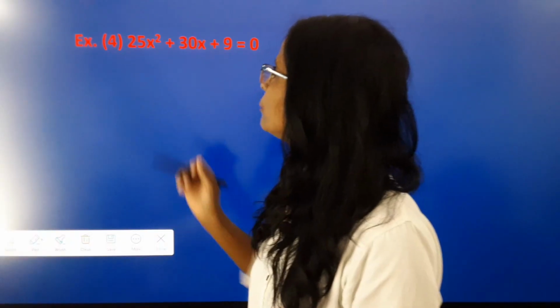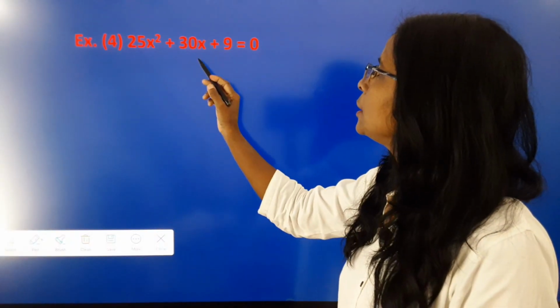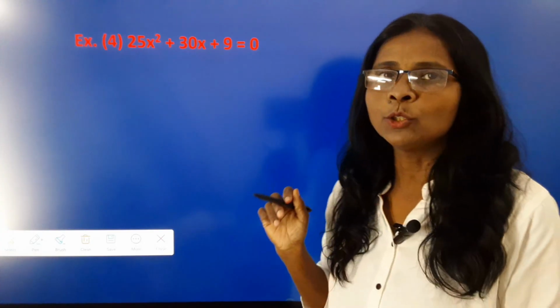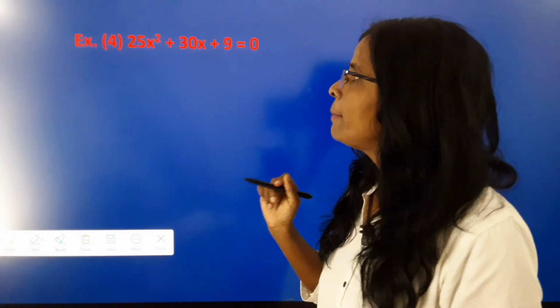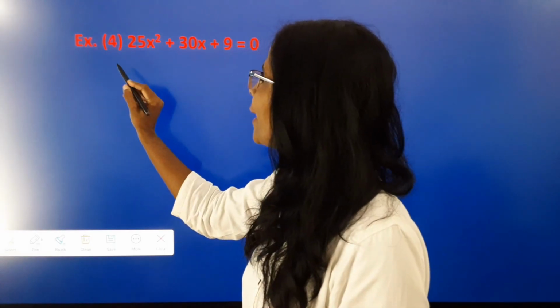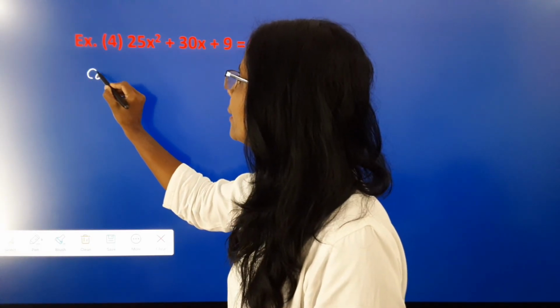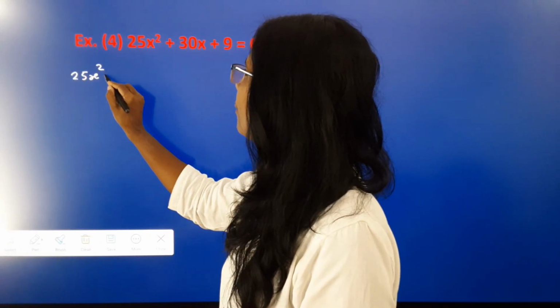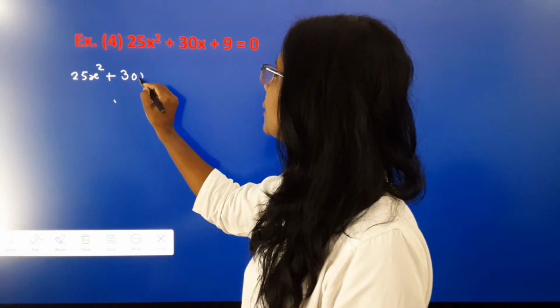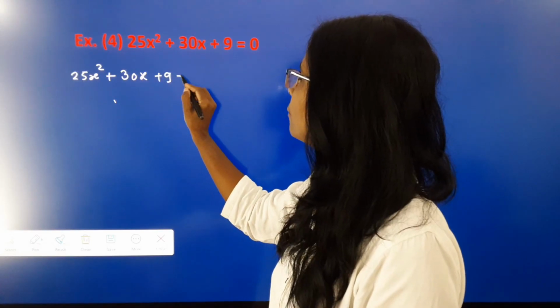Okay, students. Example, fourth one: 25x square plus 30x plus 9 is equal to 0. So now here our first step is comparison.